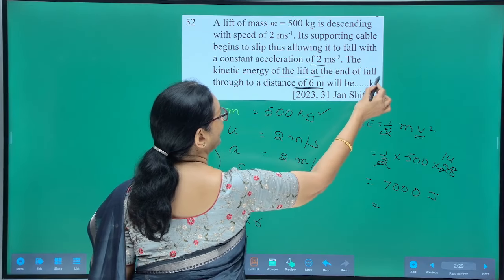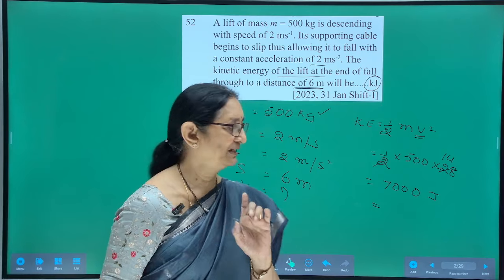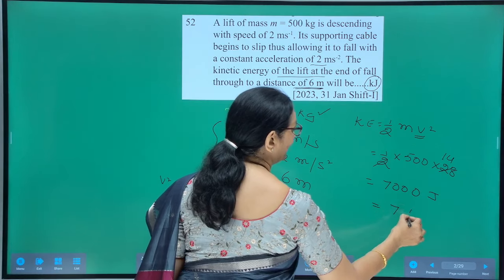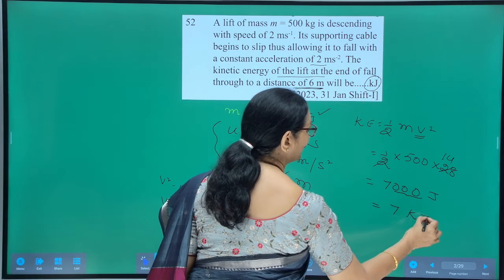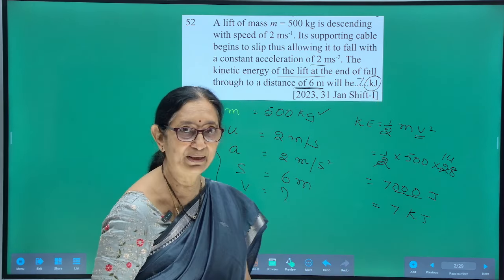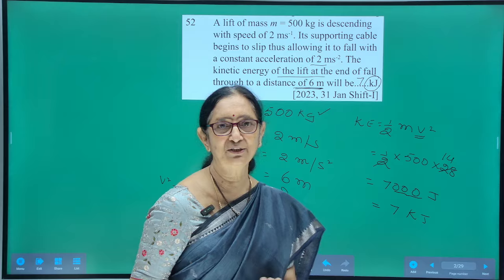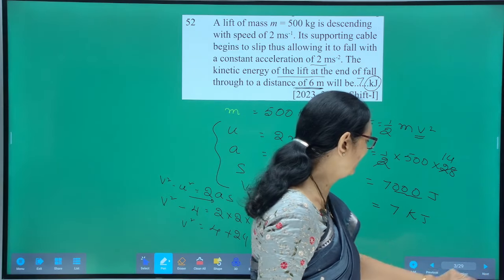But the options are given in kilojoules. 7000 joules is 7 kilojoules. The answer is 7 kilojoules.